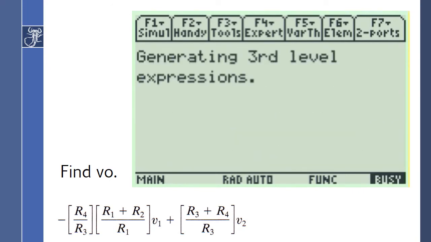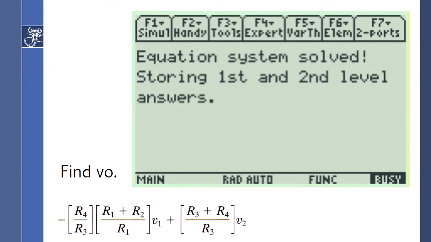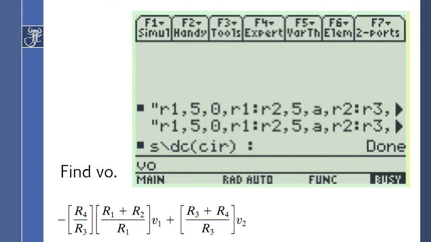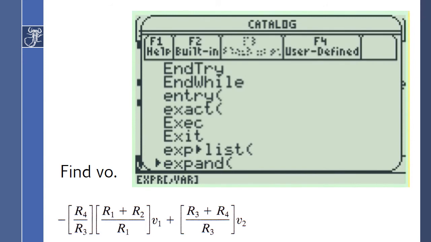Speeding up the emulator so that it's faster. When we get the answers, we ask for VO, and you will get an expression which should match the expression given by the book.